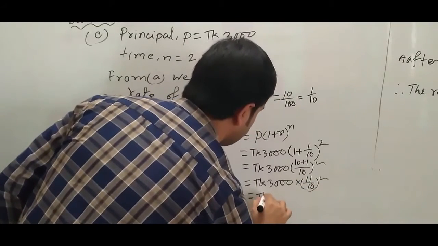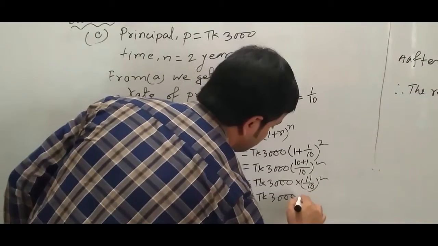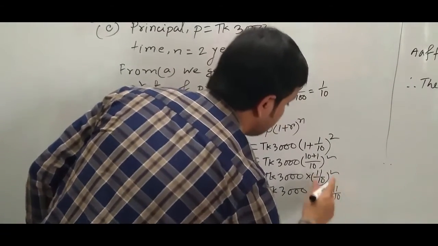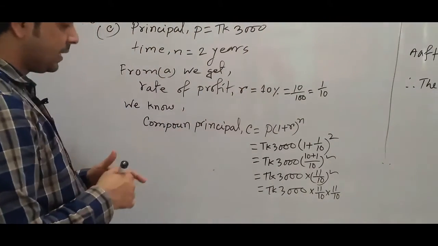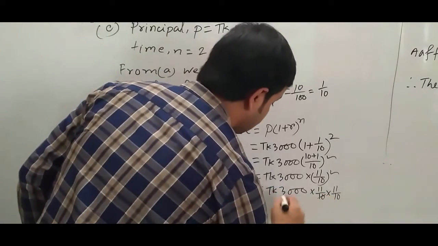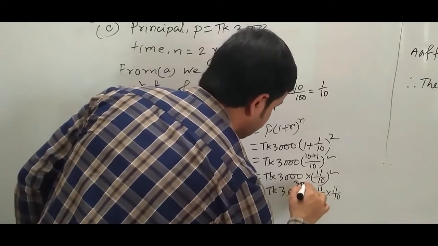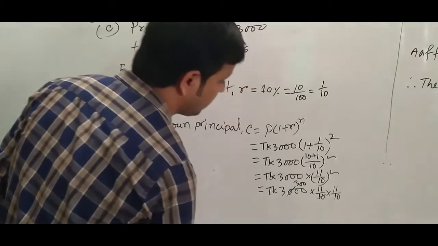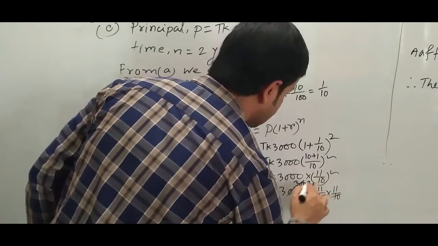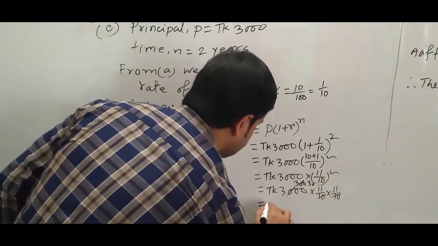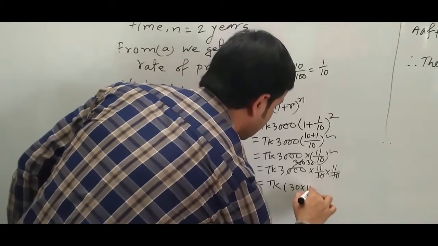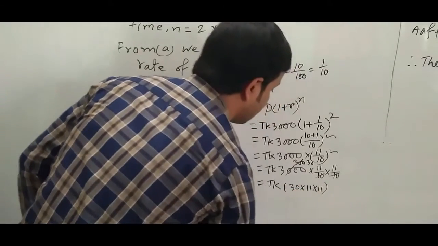It means that taka 3000 multiplied by 11 by 10 and 11 by 10, as whole square is given, so we have to multiply 11 by 10 two times. Now if we calculate here, at first divide by 10, you will get 300, and then divide by 10, you will get 30. So now multiply 30, 11 and 11.